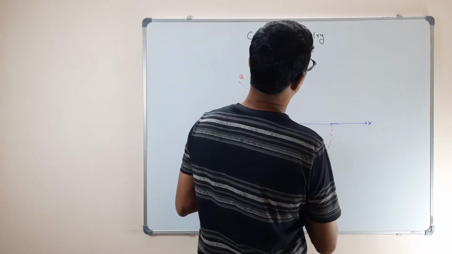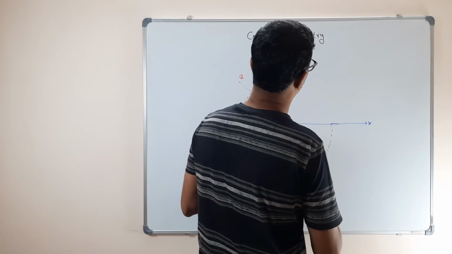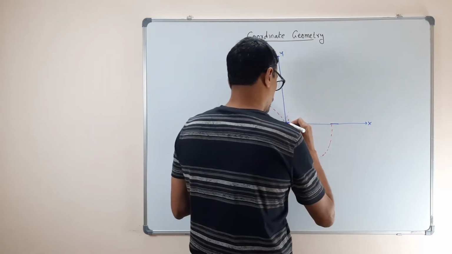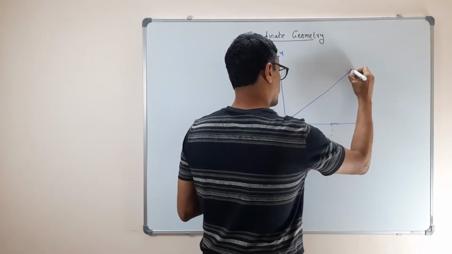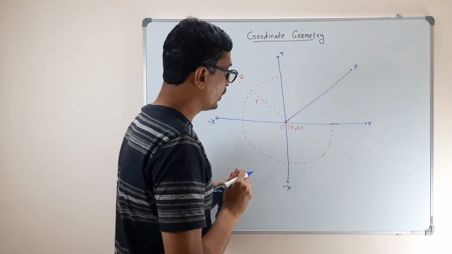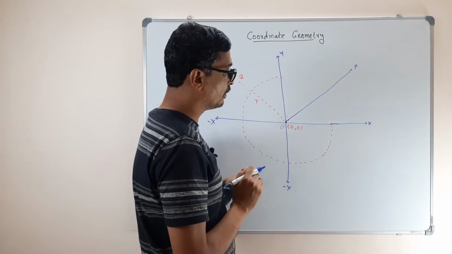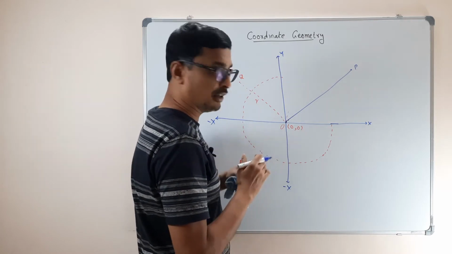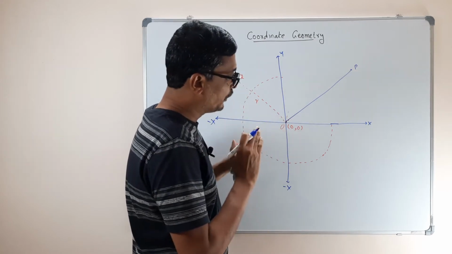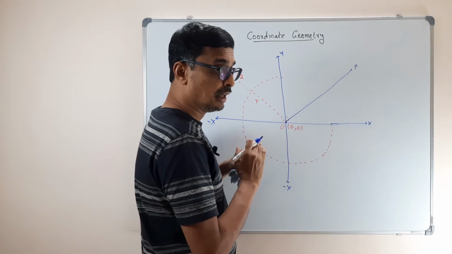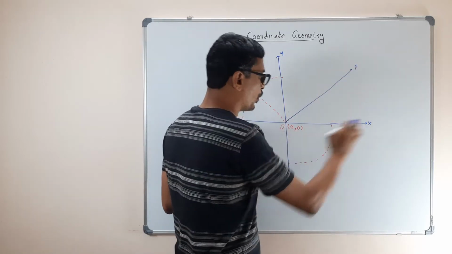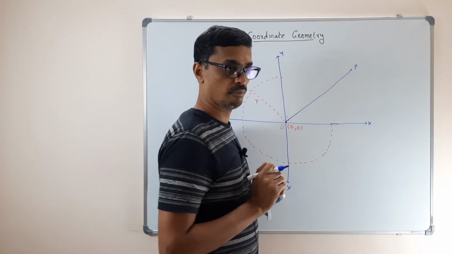Another example given in your book: I have the origin, and this is another point, P. I'm asking you to draw the points such that the perpendicular distance from OP and the perpendicular distance from OX are the same.